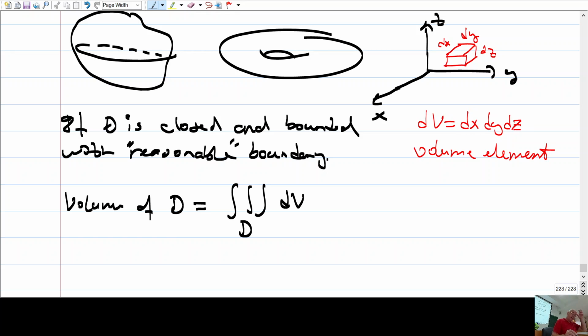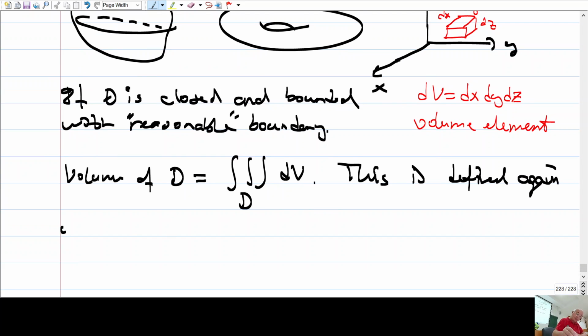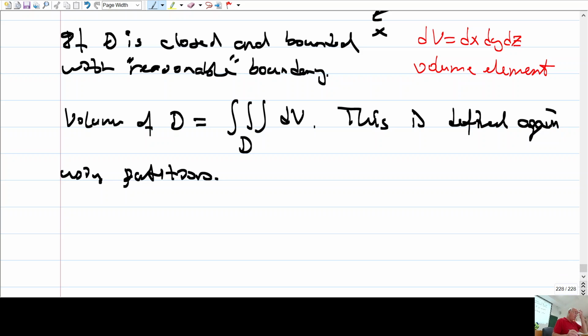What we mean by that, again, is defined using partitions. So what we do, we divide the coordinate axes into pieces.